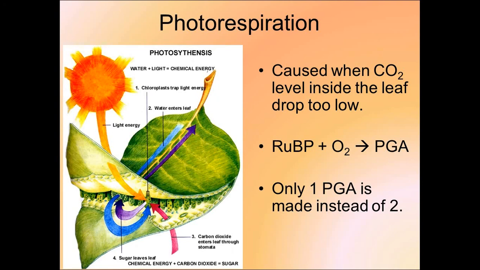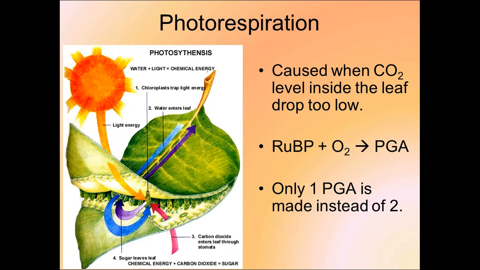If you remember the first step of the Calvin cycle, RUBP combines with CO2 to create two PGA molecules. When the CO2 levels have dropped too low, the RUBP will combine with waste oxygen, creating one PGA. This process is called photorespiration.